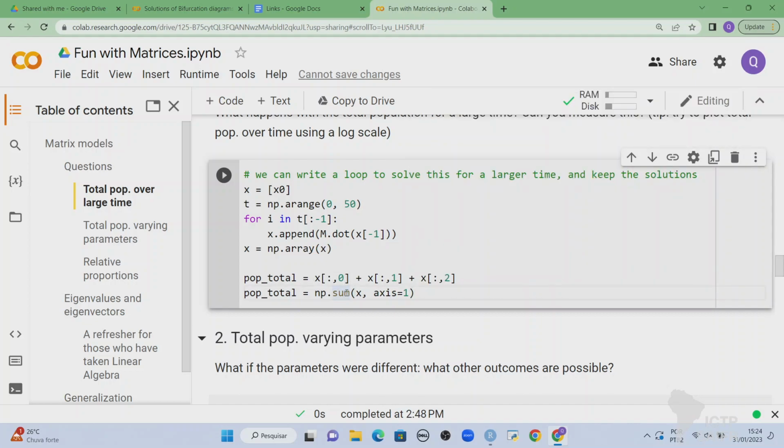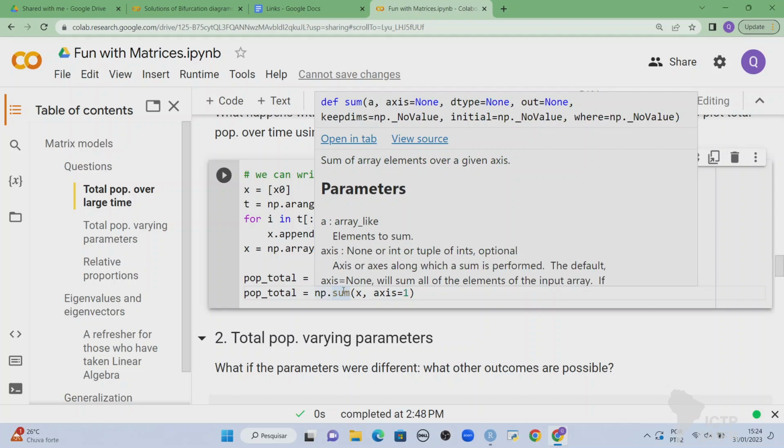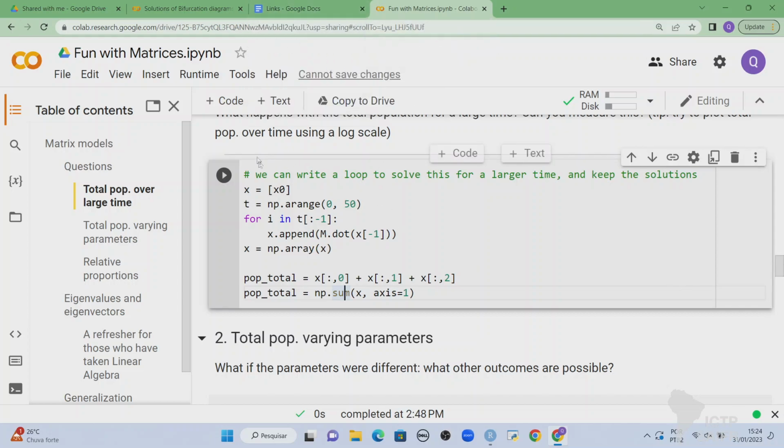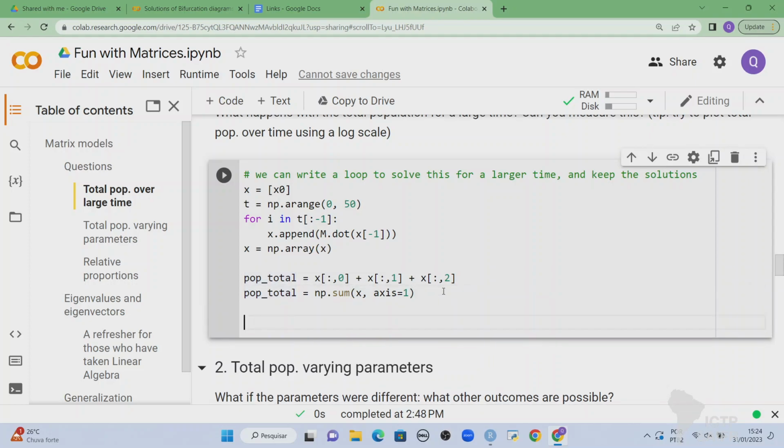So you remember when we took the minimum and the maximum? We wanted the minimum and the maximum over each column, so we took it with axis equal to 0. Now I don't want to sum over each column. I want to sum over each line, and then I use axis equal to 1 over here. So these two are the same. Let me just check this. Let me comment this one.